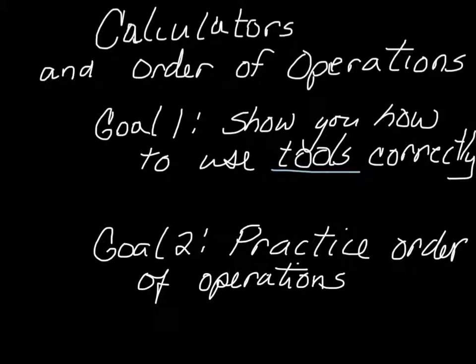So I want to give you just one quick example about using tools correctly. When you use tools correctly, one of the key things you have to know is that if a tool is used improperly or in the wrong context, then problems are going to happen. So for instance, what if I told you to dig a swimming pool in the back of your yard?